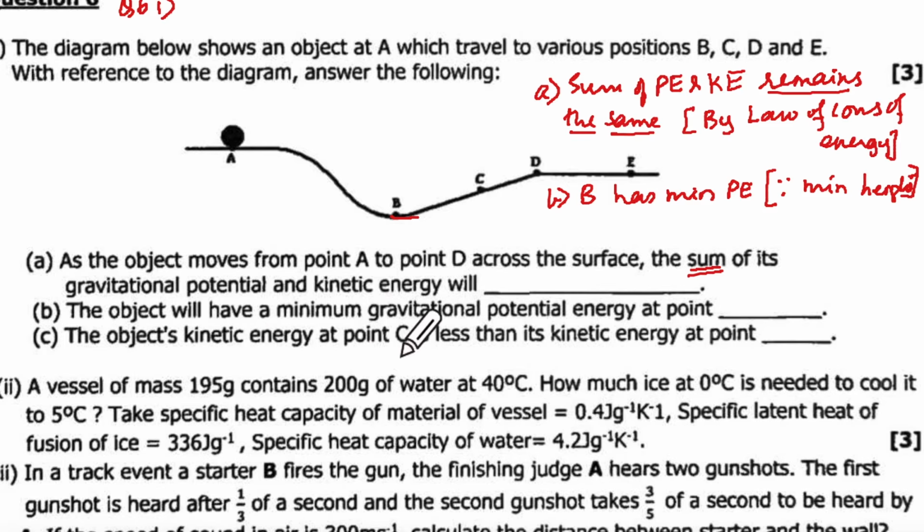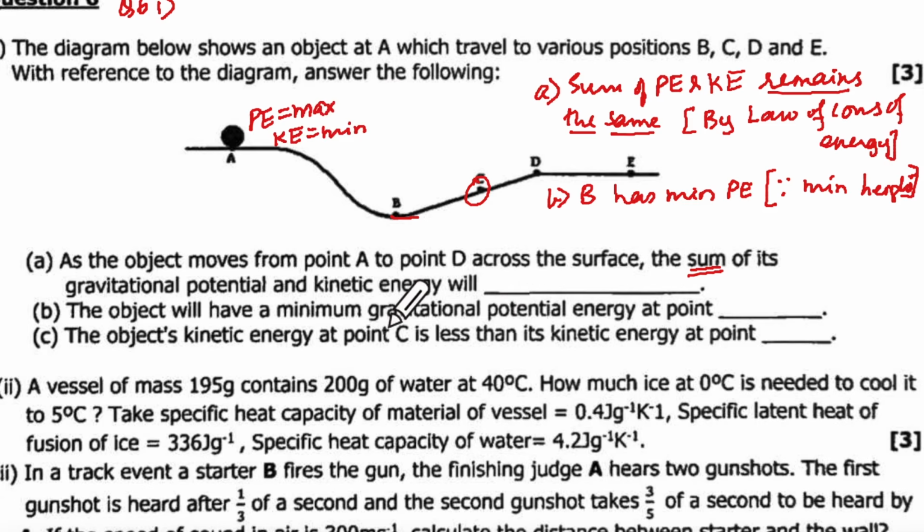The object's kinetic energy at C is less than its kinetic energy at B. Now at A, remember here, potential energy is max. Correct? Yes. So kinetic energy is going to be min.